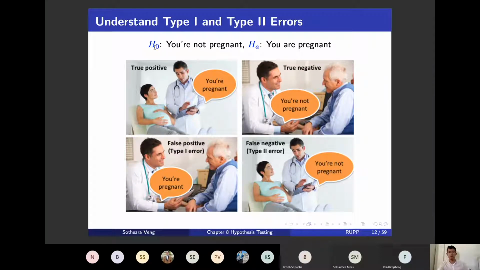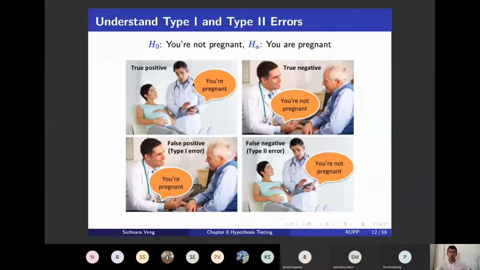So that is one possible error. Here, suppose that the null hypothesis is true, which means that you are not pregnant, and then you come up with rejecting it. You reject this, it means that you are pregnant.